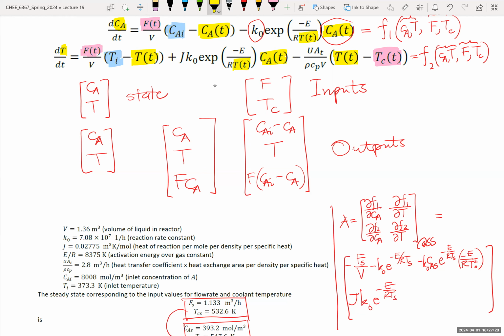Okay. So the first one gives you, so let me put this here. So the first one gives you what here? You have minus Fs over V. And the second one has this whole thing here. And there is an extra J, right? So it's minus J, and this is from above.